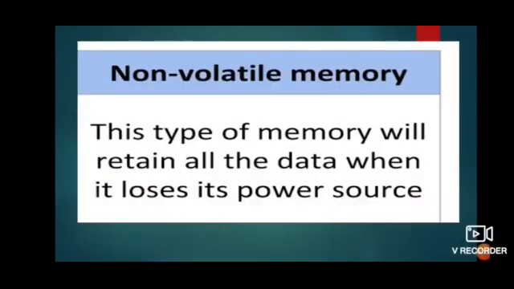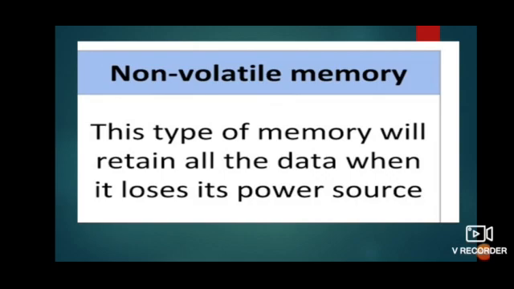It is a non-volatile memory. RAM is volatile memory and ROM is non-volatile memory, because when power is switched off, nothing will be lost. It helps the computer to get started. So those are RAM and ROM.